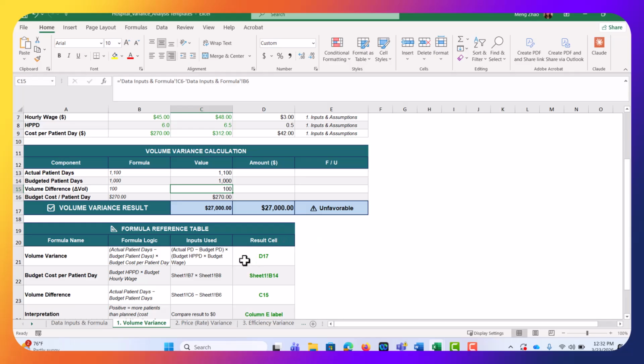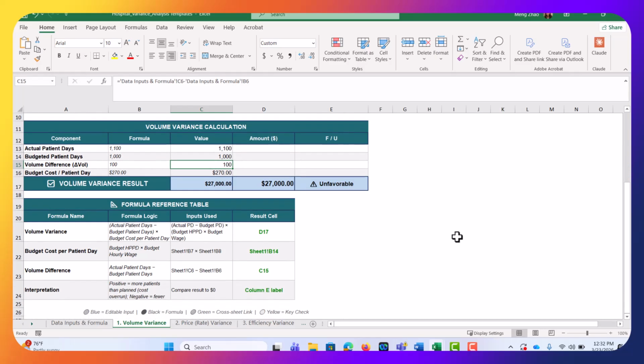Here you can see the volume variance formula listed: the actual patient days minus budget patient days, times budget cost per patient day.